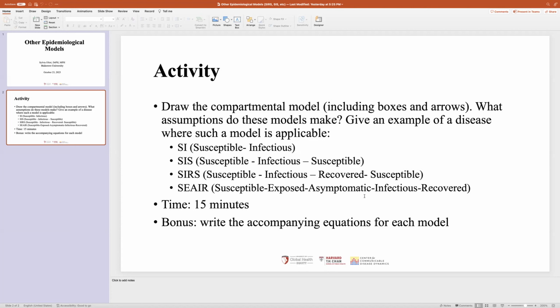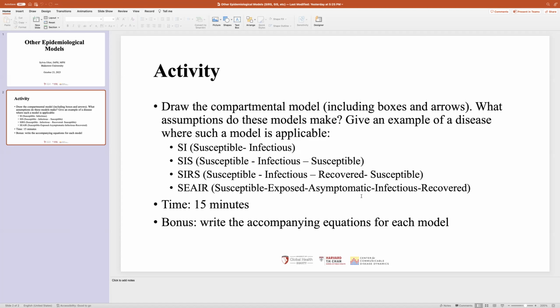So if you're assuming that asymptomatic individuals also drive the transmission process, then you would need to account for that in your force of infection. Instead of having only I, you would have to add the asymptomatic compartment as well.